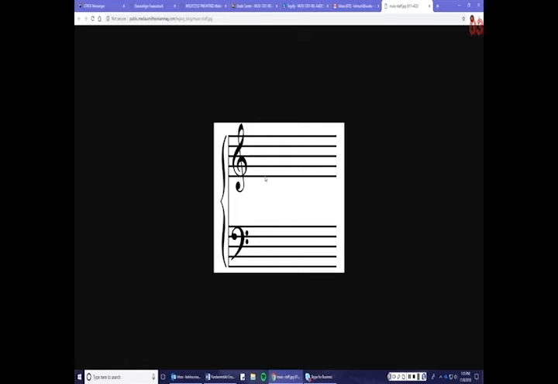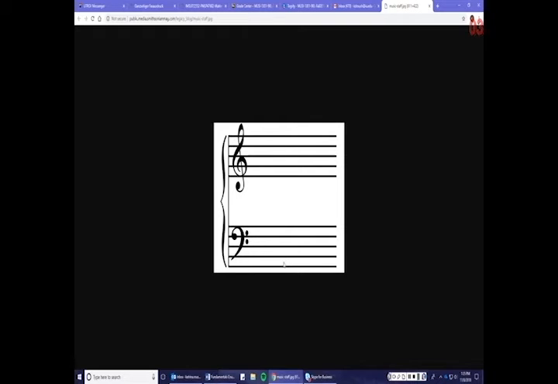If you want to count up by lines and spaces, you can do that too. So I would say the line of E is 1, and then this space is 2, and I still ended up with the same answer. So if you look at the bass clef for another example, let's say we have a note on this space, A, and we have a note on E above.